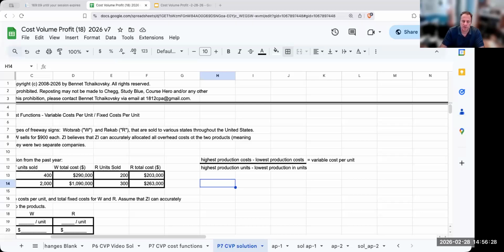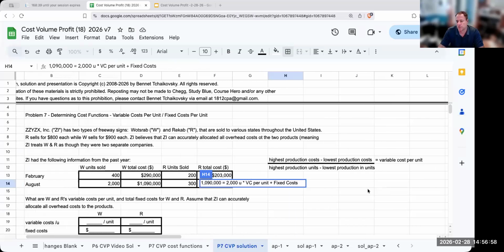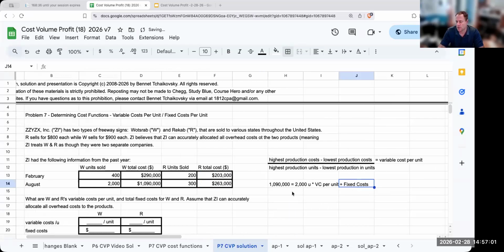Now, the thought is when we go through and do this, if we know what our total costs are, say for product W of $1,090,000, I can take this value and then take my number of units sold at that total cost times my variable cost per unit, and then I can add my fixed costs, which should come over here and get us what we're trying to solve for.